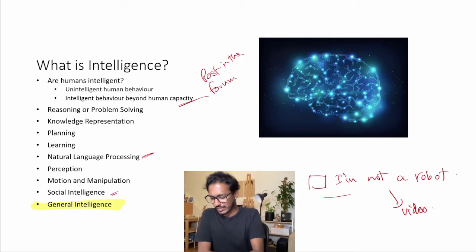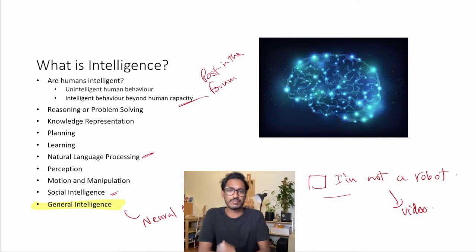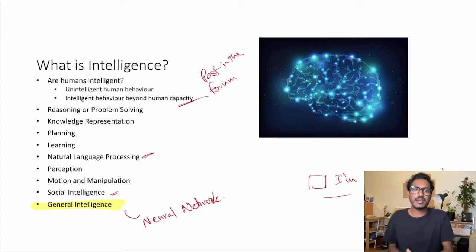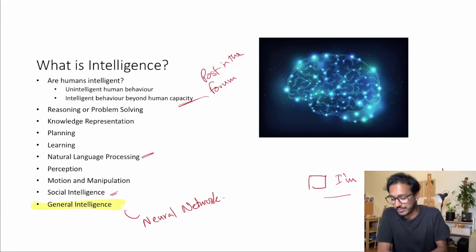We will discuss a little bit about general intelligence when we go into neural networks. You will see how we can identify general intelligence behaviors in neural networks. And this is again something quite interesting, I thought.